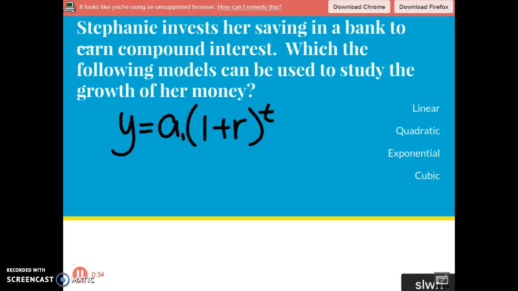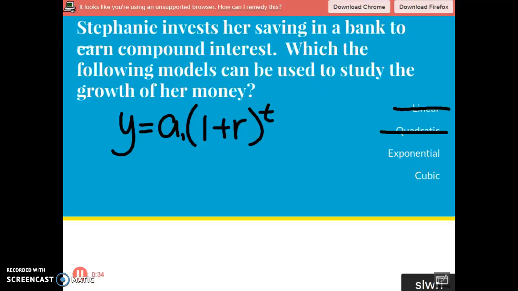Well, we've learned that linear equations do not have exponents. So because this equation has an exponent, we know that it's not linear. Quadratic equations have exponents, but that exponent is set at a number 2. So if it doesn't have a number 2 as an exponent, it is not a quadratic.